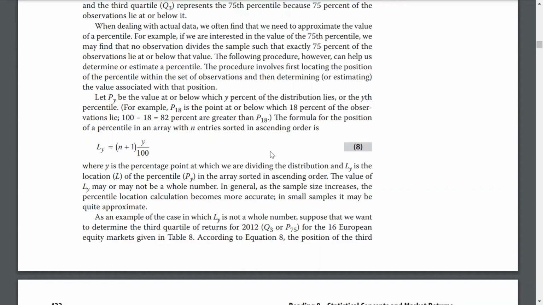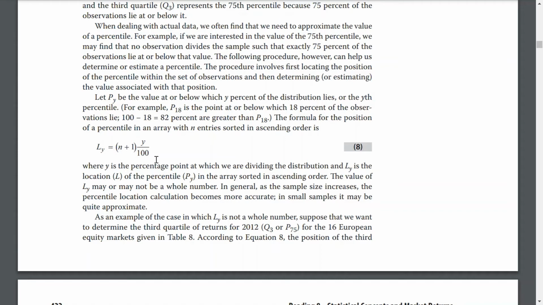The formula for the position of the percentile, for an array with n entries sorted in ascending order, is L sub y equals n plus 1 multiplied by y divided by 100.